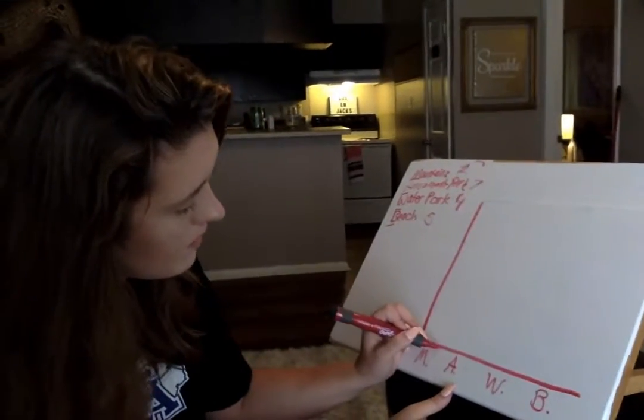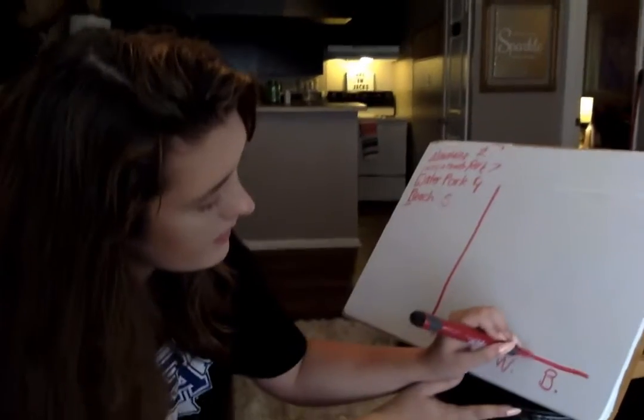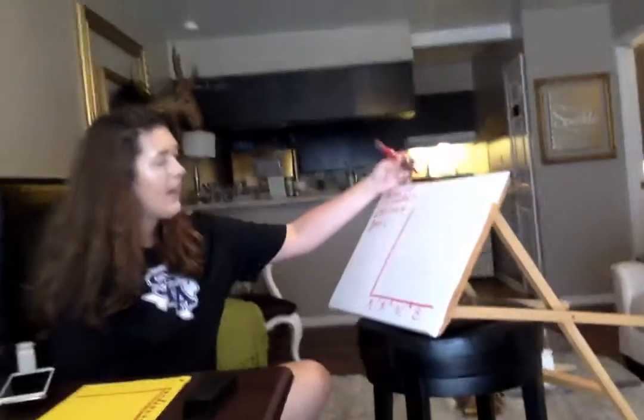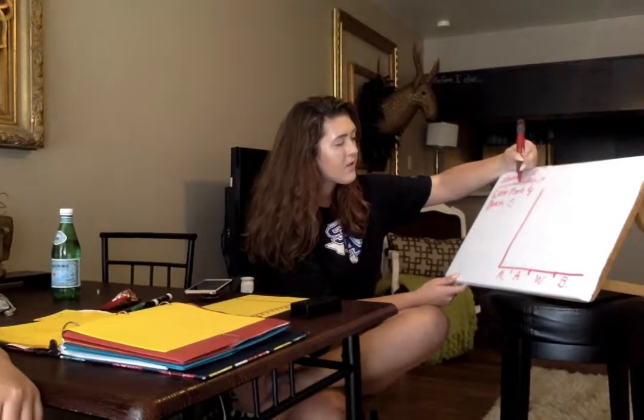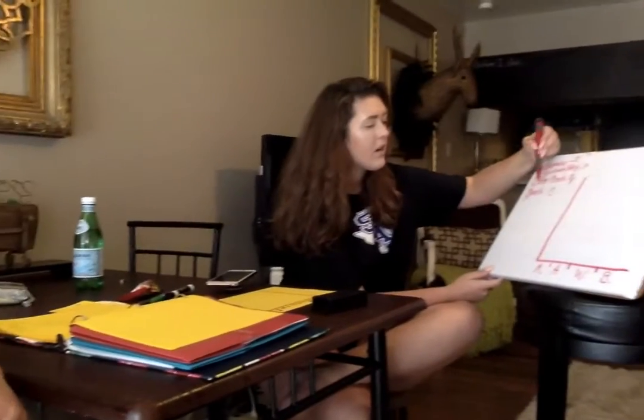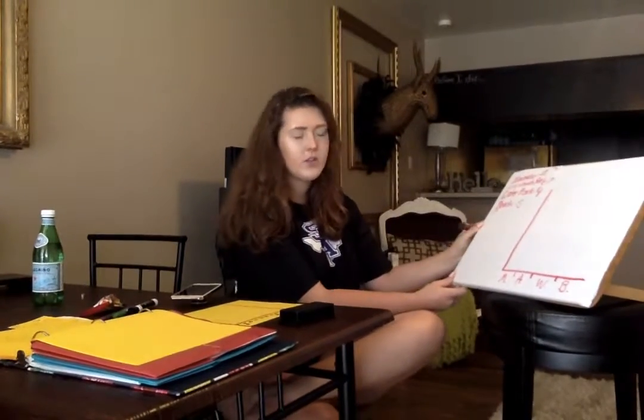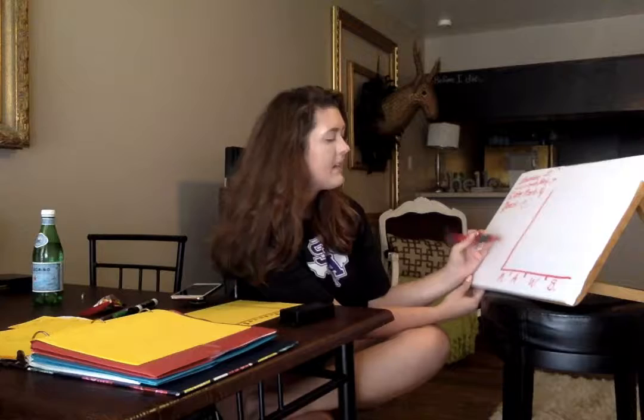So these are our 4 different categories. As we see right here, we have numbers that represent each category: 2 for mountains, 7 for amusement park, 9 for water park, and 5 for beach. So we can label that as so.